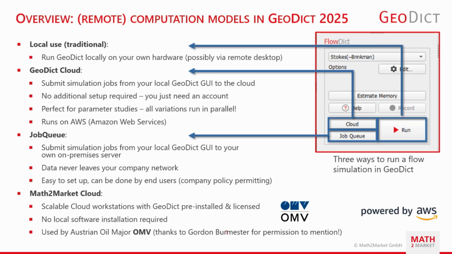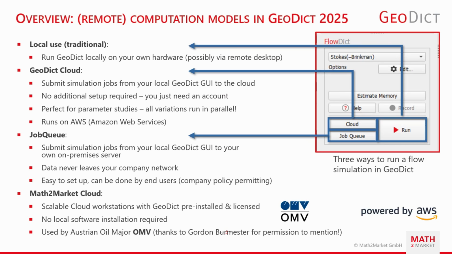You basically just need to have a license and a corresponding account which authenticates you to the GeoDict Cloud. And this is particularly well suited for running large parameter studies, as we will see later, because all the variations of your parameter study are running in parallel instead of in sequence as they would on your local machine. And all of this, the GeoDict Cloud and the MathMarket Cloud, are backed by AWS. That's Amazon Web Services.